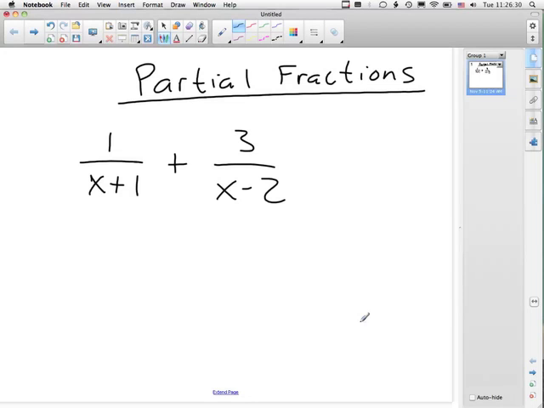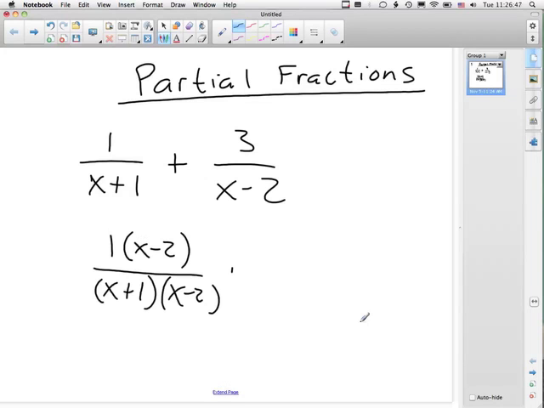these two fractions, and I told you to combine them into a single fraction, you would know exactly what to do. You would multiply the first fraction by x minus 2 over x minus 2, and you would multiply the second fraction by x plus 1 over x plus 1.